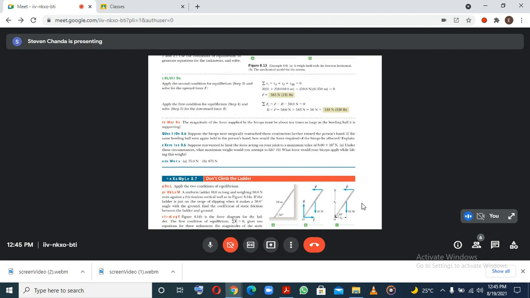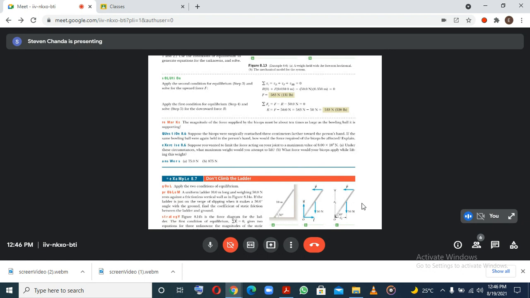If the ladder is just on the verge of slipping when it makes a 50-degree angle with the ground, find the coefficient of static friction between the ladder and the ground. This is a very interesting question, and many people usually tend to get lost on the concepts for this one. But how you want to look at this particular question is this.